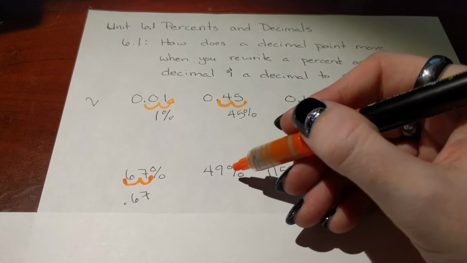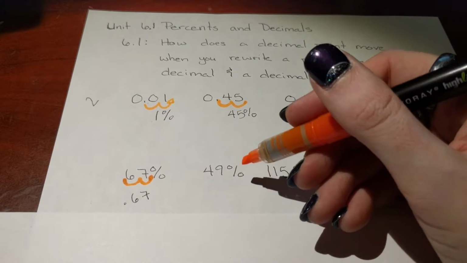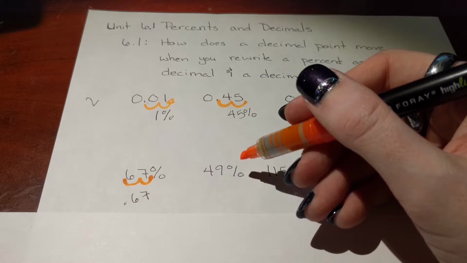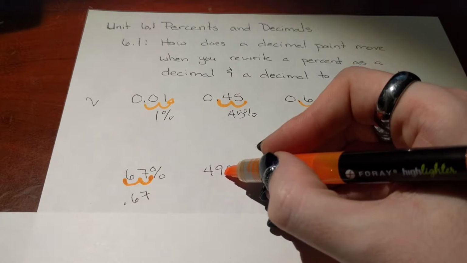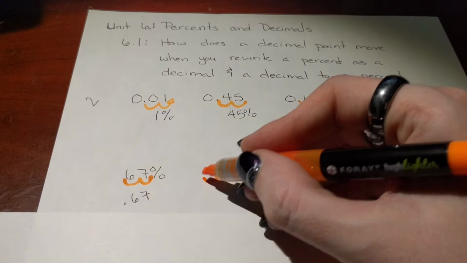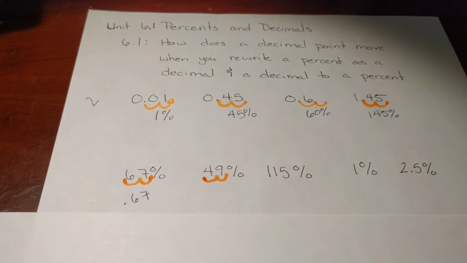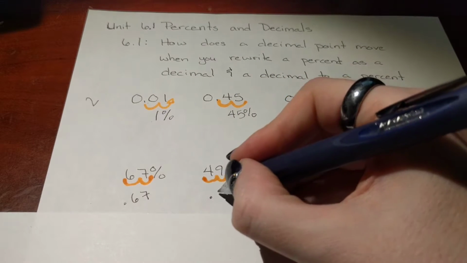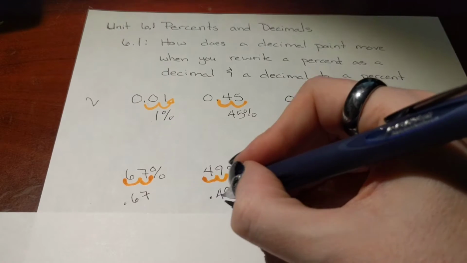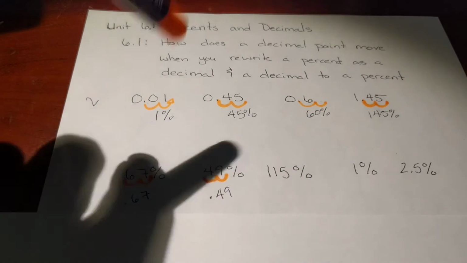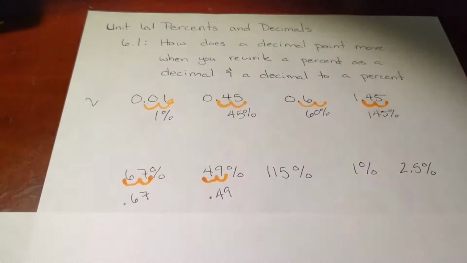So let's try it again real quick. I want you to do 49% on your own. Go ahead and pause the video. And you guys are going to take the decimal point, go 1, 2, like so. And that turns into 0.49. So I have 115%. I want you guys to try and do that on your own real quick.